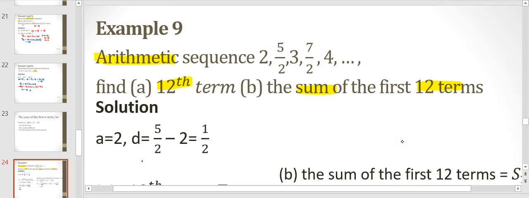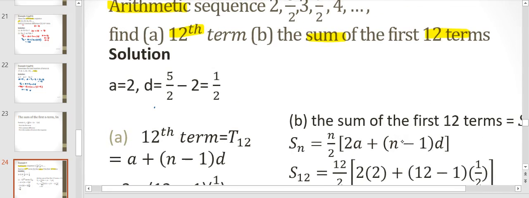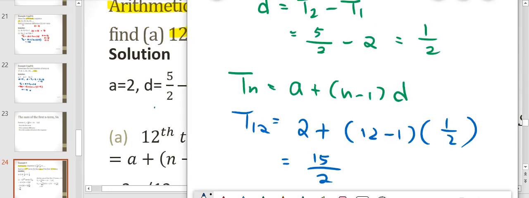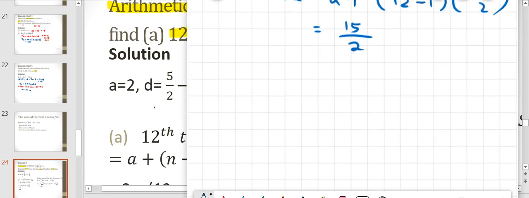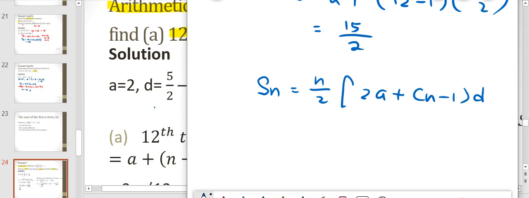Now, how about the next part? The sum of the first 12 terms. You have your Sn equal to n over 2, 2a plus n minus 1 d. Your n here is 12.